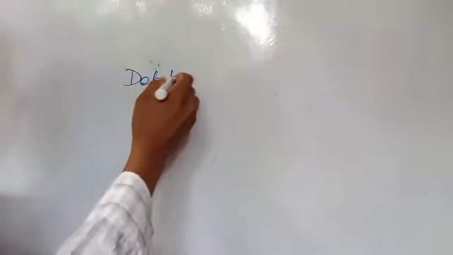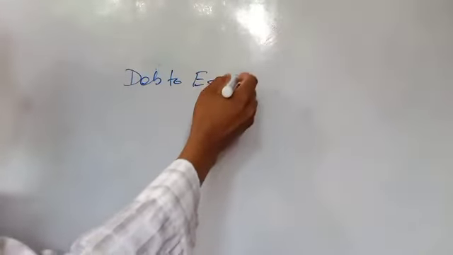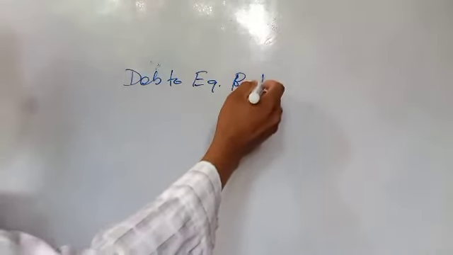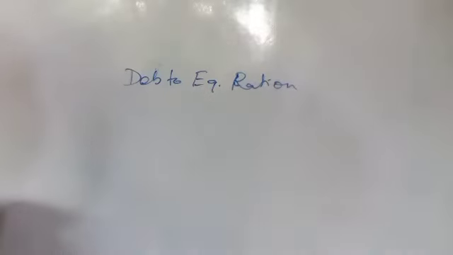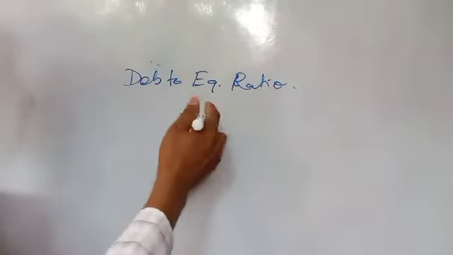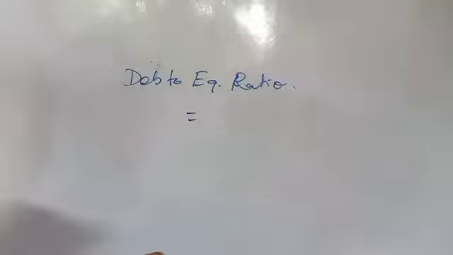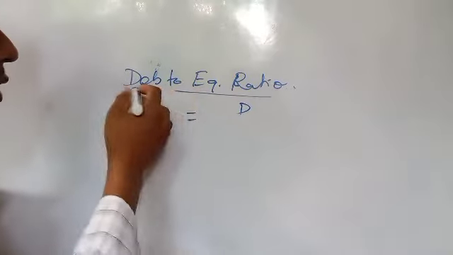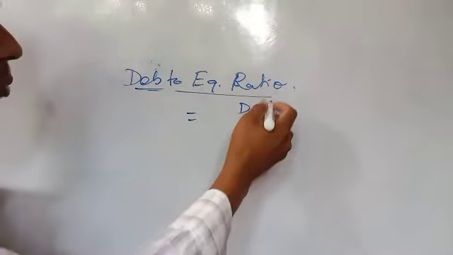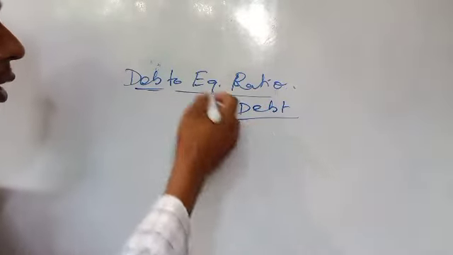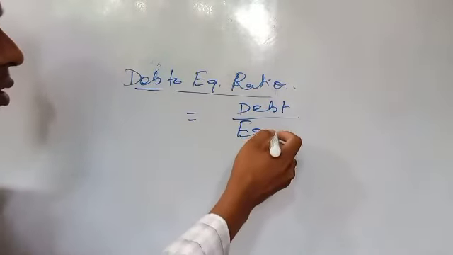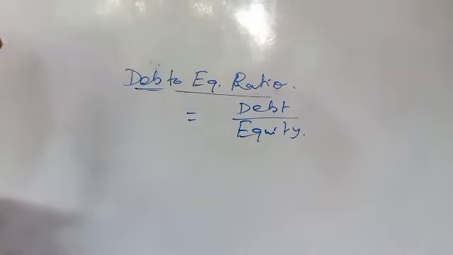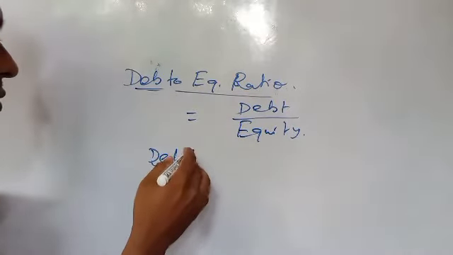Now in case of debt to equity ratio, if the name of the ratio is like this, then first you write numerator debt by equity. And debt means what?